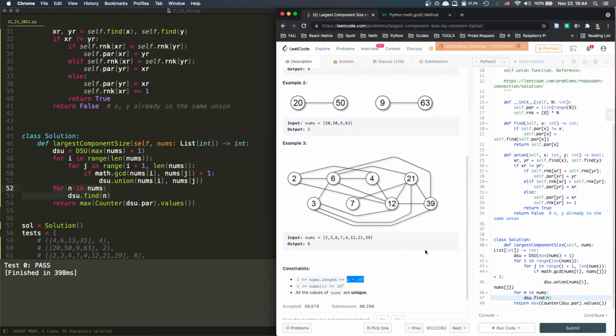And anyone who can be divided by 2 we'll group them together. All right, so after first round, we will group 2, 6, 4, 12 together. All right, that's first round.